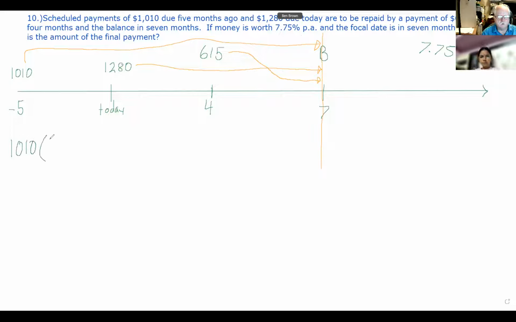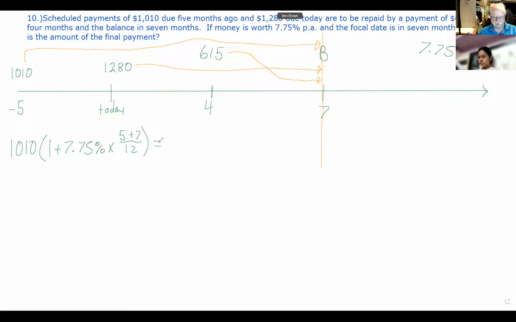1010 times 1 plus 7.75% times, and this is 5 months, so 5, but it's got to go all the way to 7 months, so plus 7 over 12. So this thing is going to go ahead 1 year.